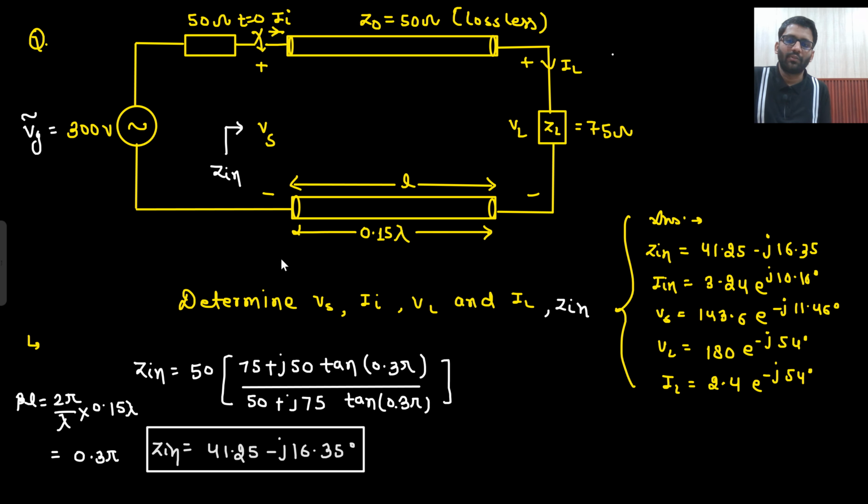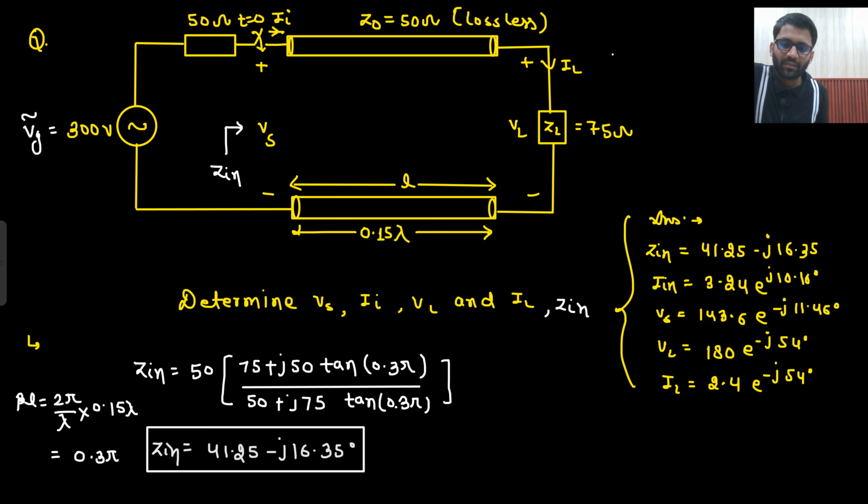And here you are having 300 volt. What would this be equal to? This would be equal to your Vs, right? And what will be your I in? This will be your I in, and the same I in will be going into Zin as well.